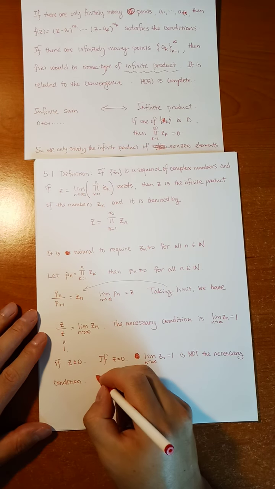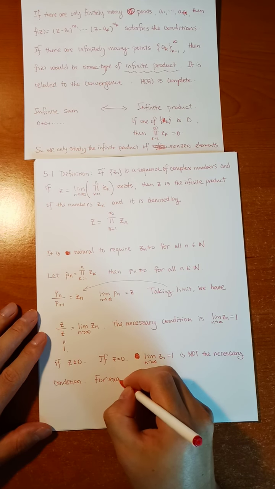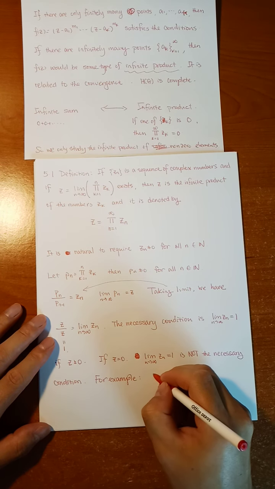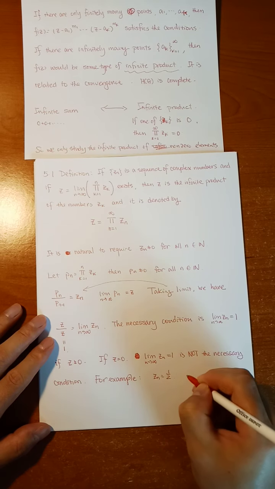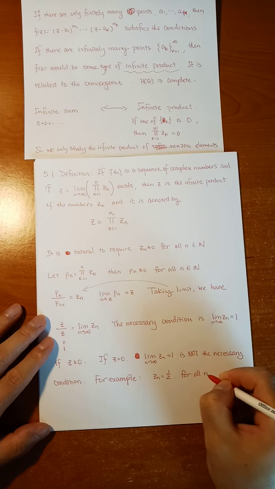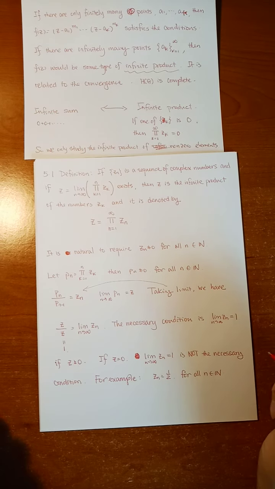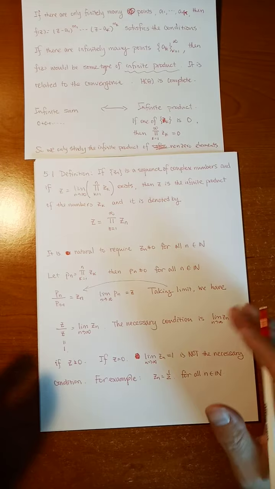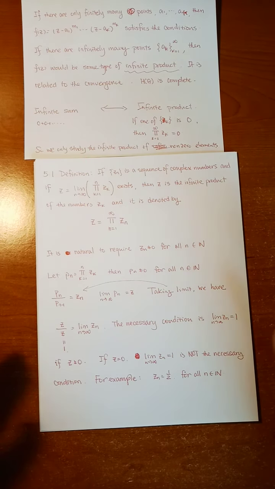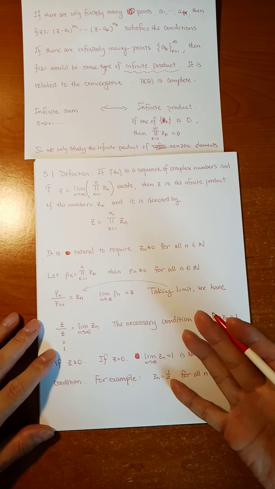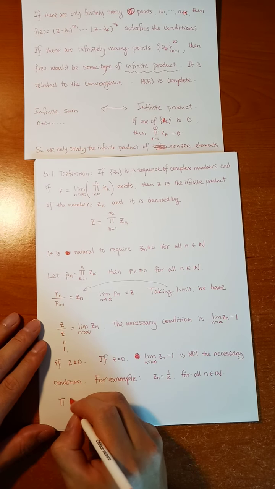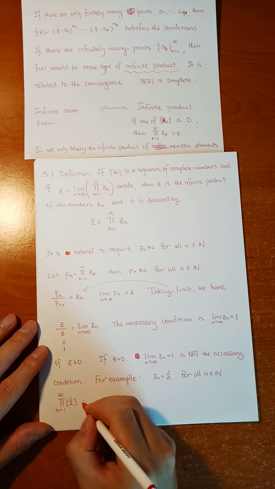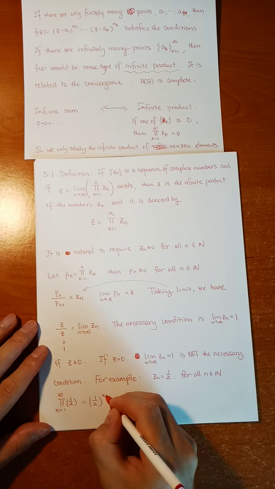For example, we have Zn as 1/2 for all n in the natural numbers. Actually you can replace it by any smaller number, positive or negative, it doesn't matter. If Zn is 1/2, then the infinite product of 1/2 from 1 to infinity is 1/2 to the power infinity, right?